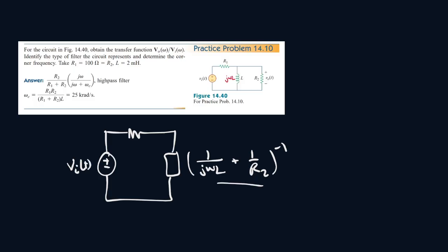And for this, we can change it up a bit. The first thing we can do is multiply this side top and bottom by JWL, and this side top and bottom by R2.